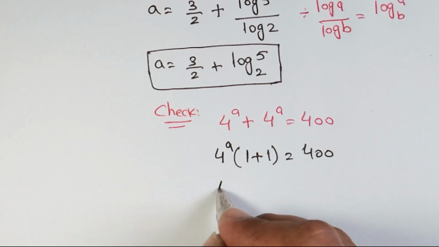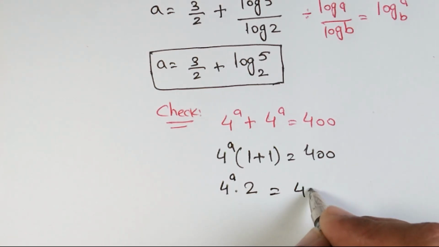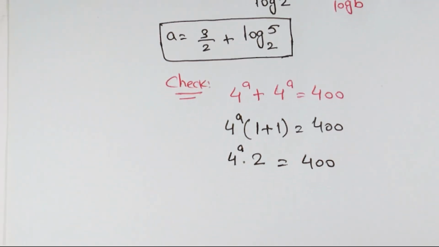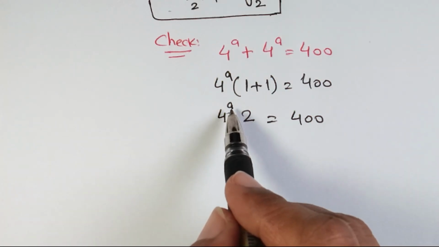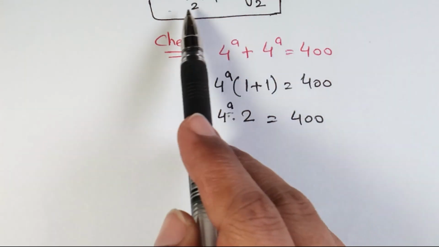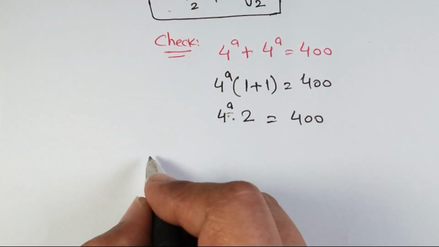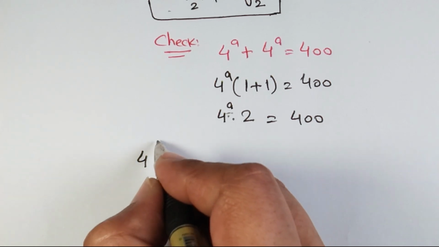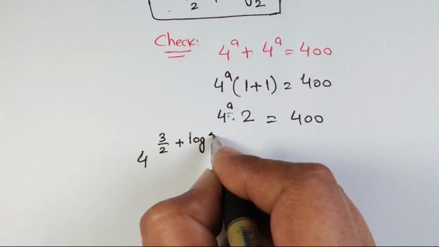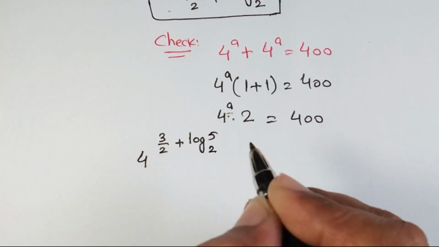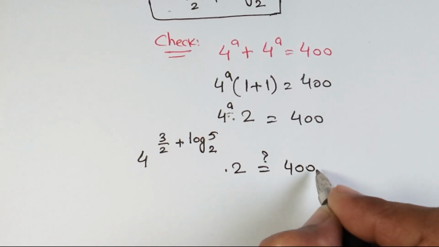So this will become 2. 4 power of a into 2 is equal to 400. So in this expression we will put the value of a which we found. So 4 raised to power 3 over 2 plus log of 5 base 2, into 2 is equal to 400.